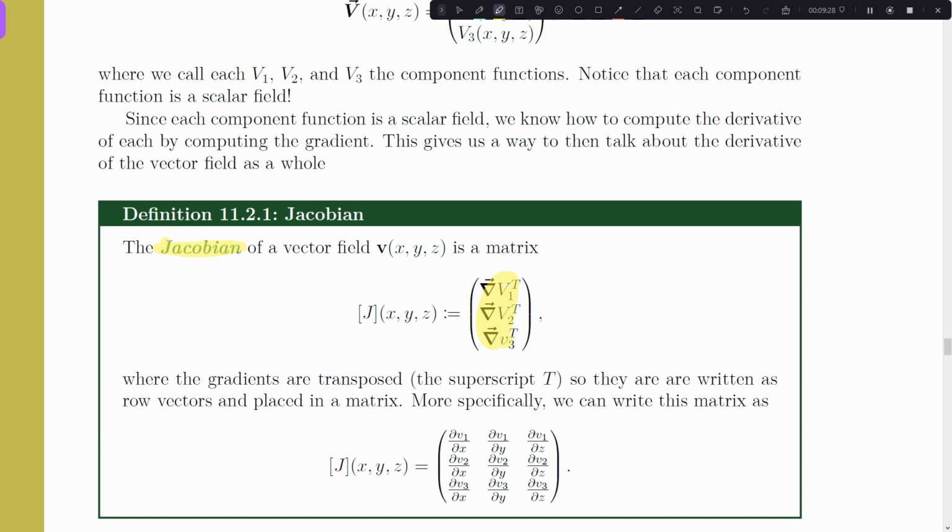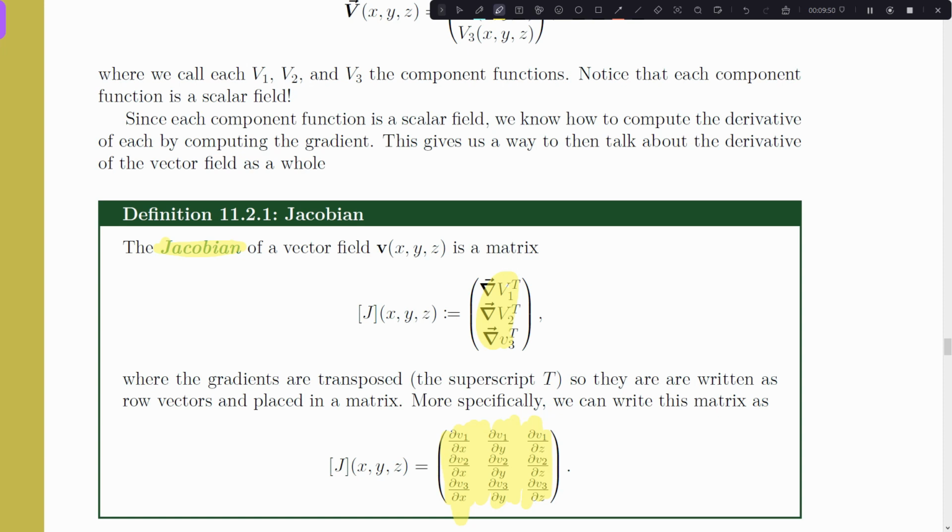You can either define it as the following, where we're taking nabla and acting it on V1 transpose, V2 transpose, V3 transpose, etc. Or you can recognize that in fact this is the outer product of nabla with V, right?